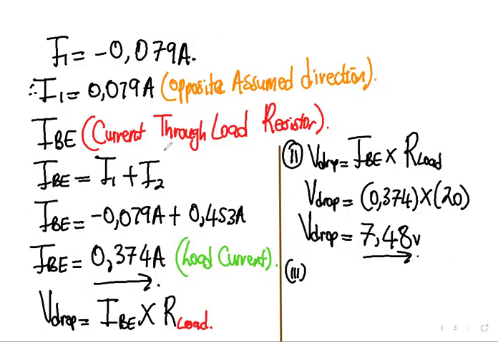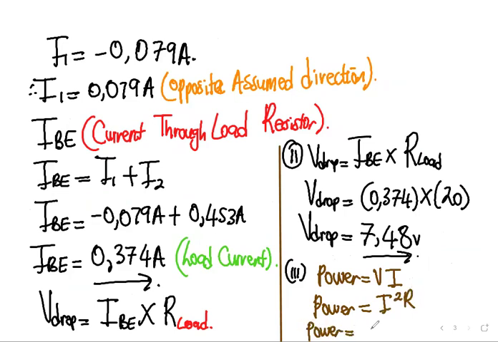For you to calculate the power, you must understand that power is equal to VI, also power is equal to I squared R, as well as power is equal to V squared over R. I'm going to use any one of these, or you can use all of them. At the end of the day, you're going to get the same answer. So let me show you in 3 ways.